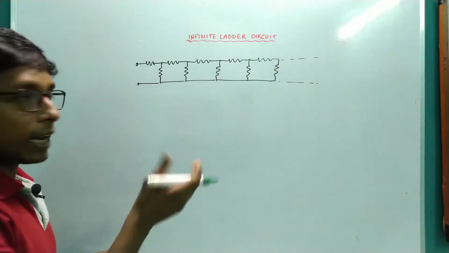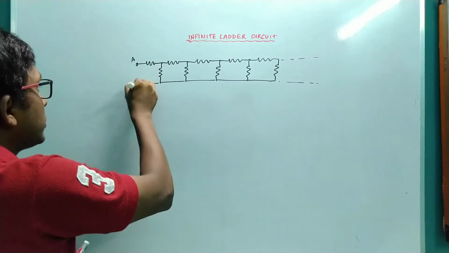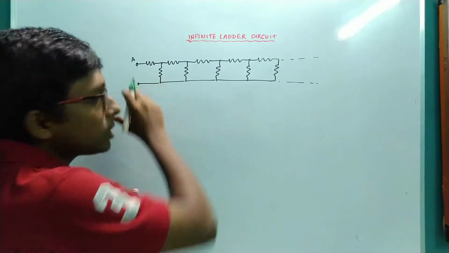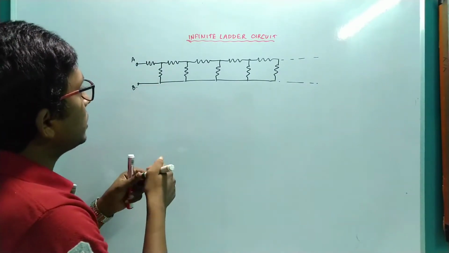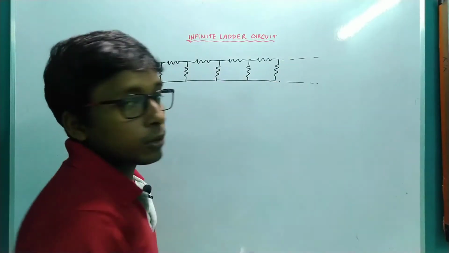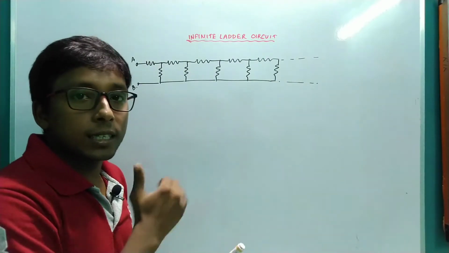Suppose I have a circuit arrangement like I have shown here, and we have to calculate the equivalent resistance between A and B. You see that each and every step is repeating regularly and it looks like a ladder, and as it extends up to infinity, it's called an infinite ladder circuit.